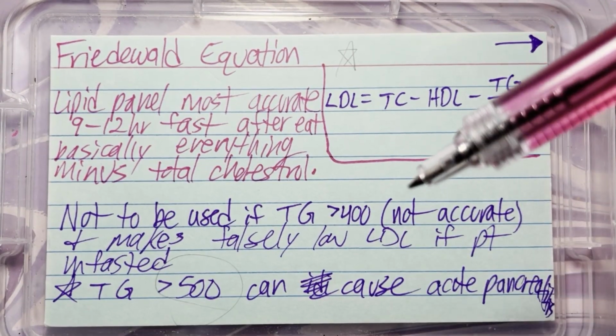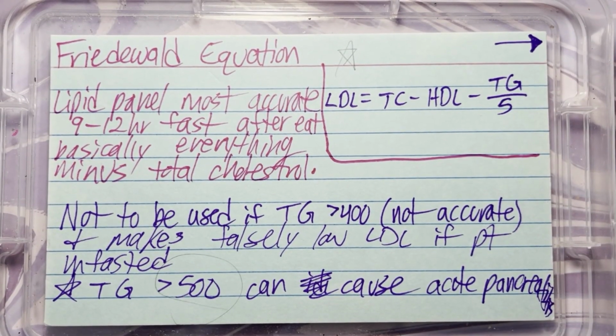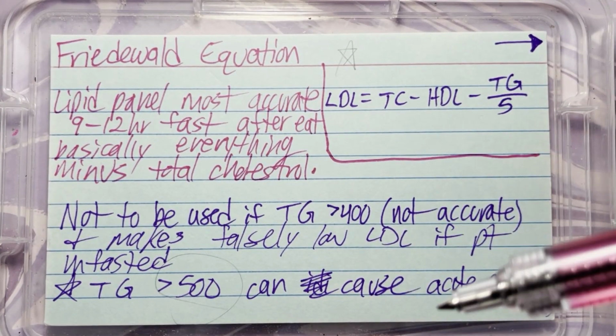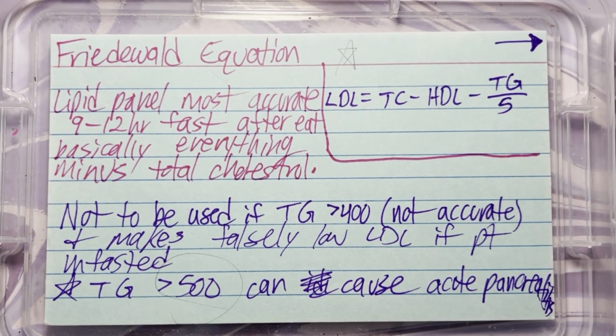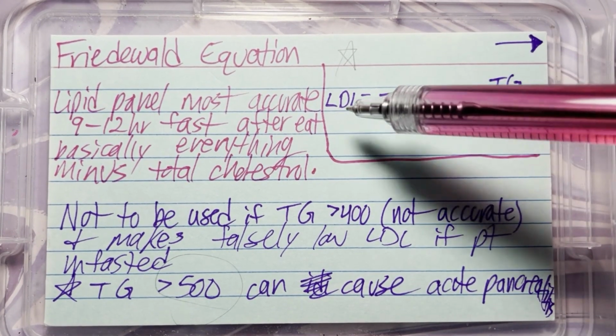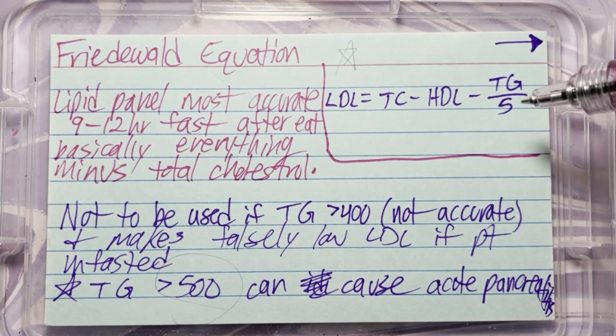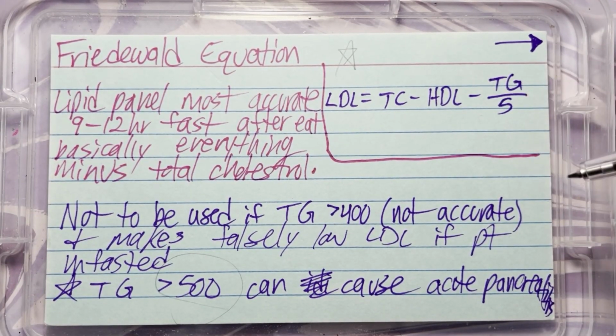Right, the Friedewald equation. I feel like this came up a lot in practice questions. A lipid panel is most accurate after a 9 to 12 hour fast. That's just a little tidbit. The equation is going to be, we're calculating LDL: total cholesterol minus HDL minus triglycerides divided by 5 equals your LDL.